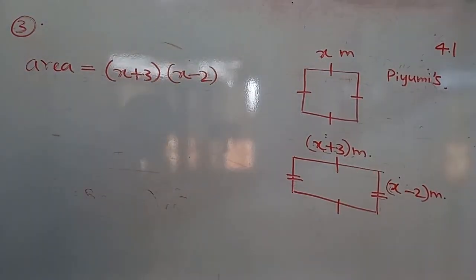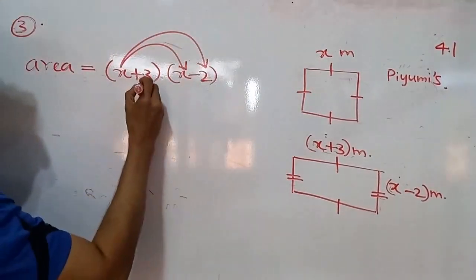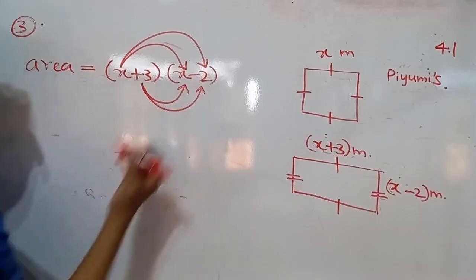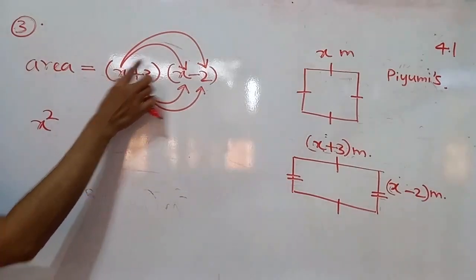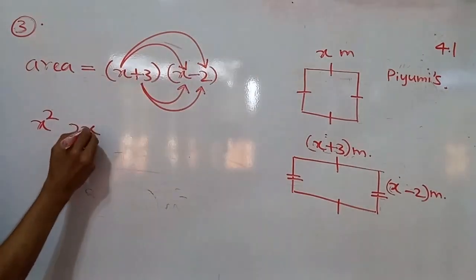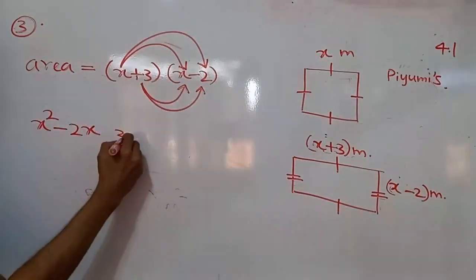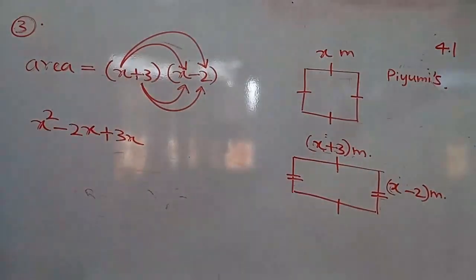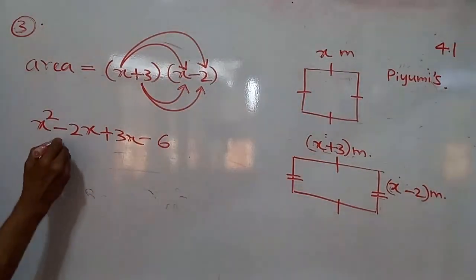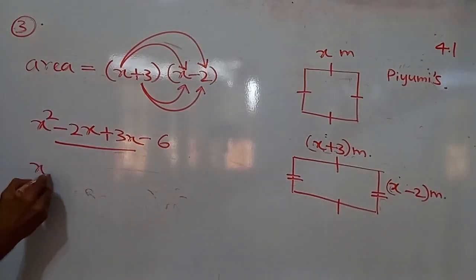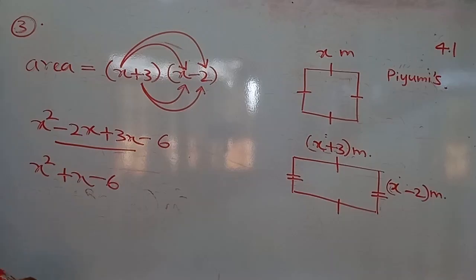So x into x, x into negative 2, plus 3 into x, plus 3 into negative 2. x into x is x squared. x into 2 is 2x, positive times negative is negative. 3 into x is 3x, positive into positive is positive. 3 into 2 is 6, positive into negative is negative. Now these are the like terms. So x squared plus x minus 6. So that is the answer.